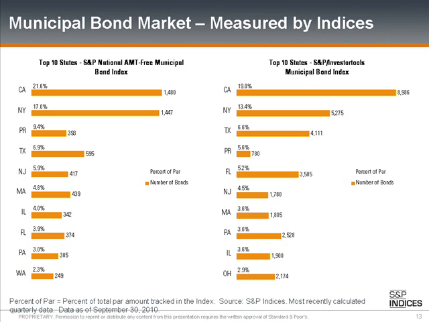So the numbers are representative of the state's entire municipal bond issuance. And we can see that the major states that are issuing municipal bonds are California and New York, as well as other states in the news, such as Illinois, Massachusetts, New Jersey. These are the large issuers of municipal bonds, and the indices reflect those statistics.